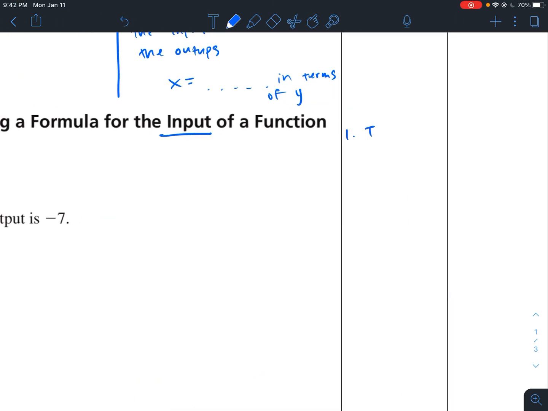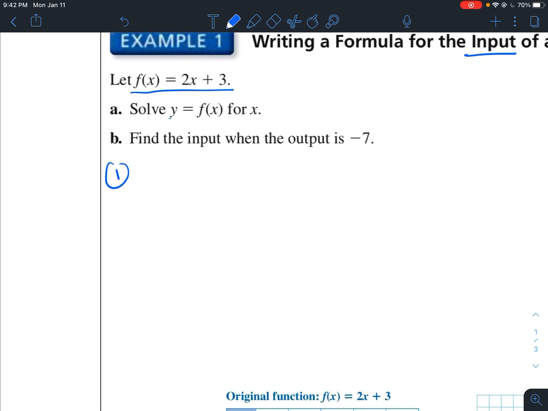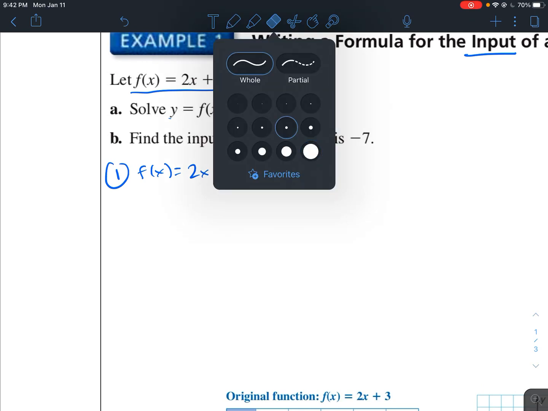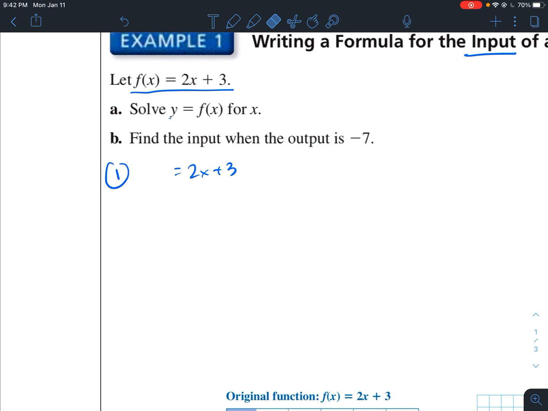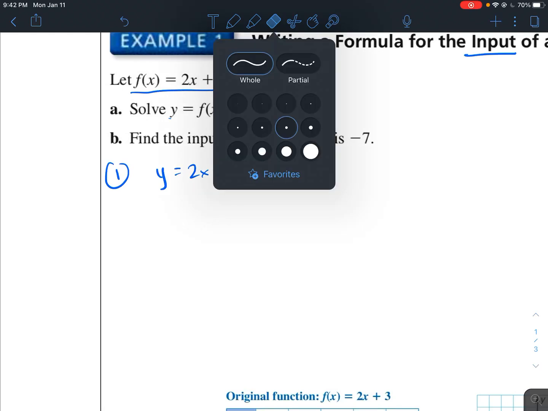Take f of x and rewrite it with y. So right here we're going to take f of x is equal to 2x plus 3, but we're not going to write it with f of x, we're going to write it with y. So y is equal to 2x plus 3. Remember, they're equivalent, so that's okay.